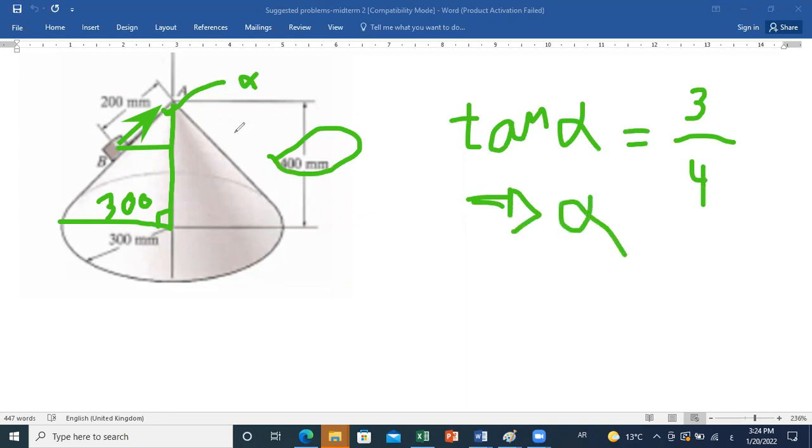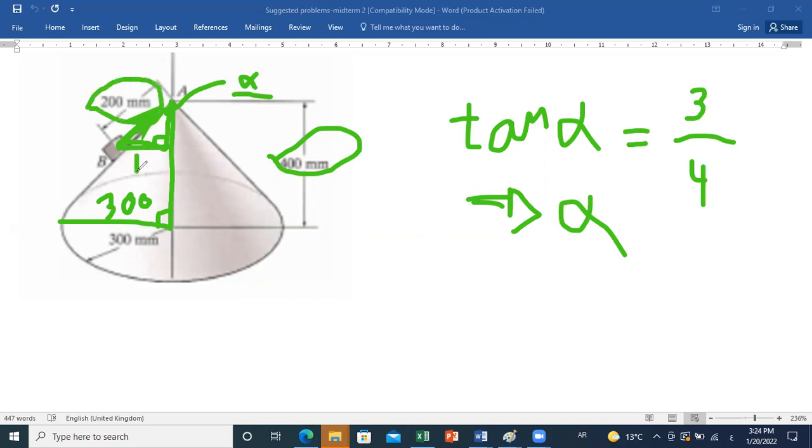And then this will allow me to calculate the angle alpha. Plus, how can I find the radius of my circle? I can do several methods. I can apply similar triangles. You have these two triangles, the smaller one and the biggest one. Or also, after you calculate alpha, if you look in this triangle here, this is a right triangle. The hypotenuse is 200 millimeter.